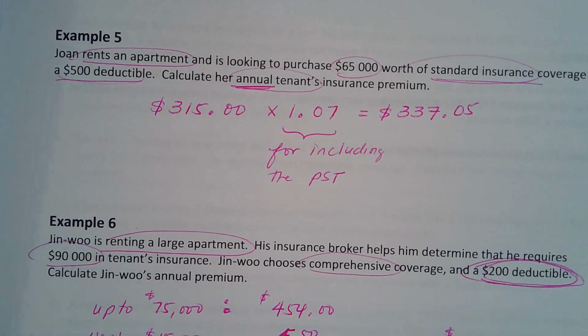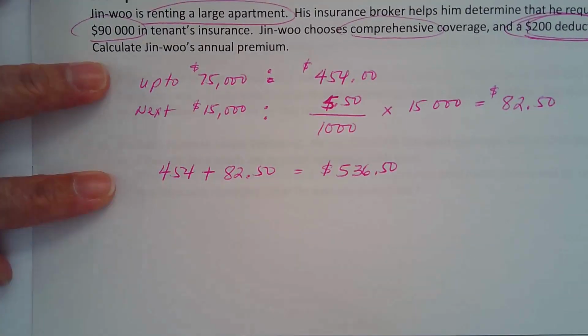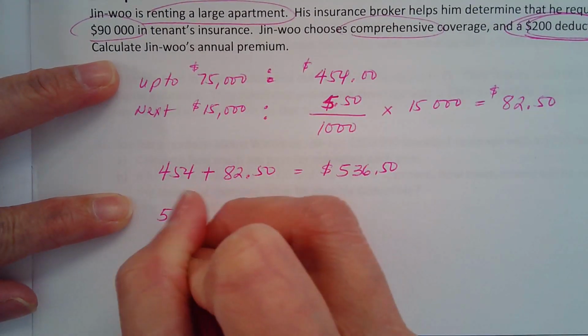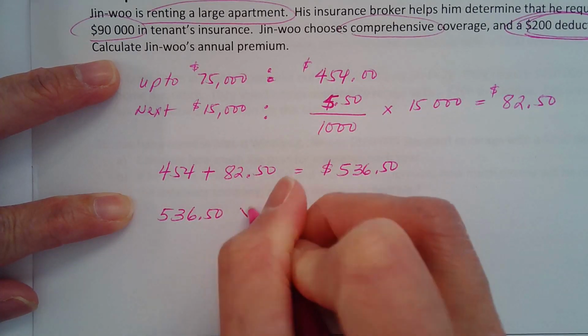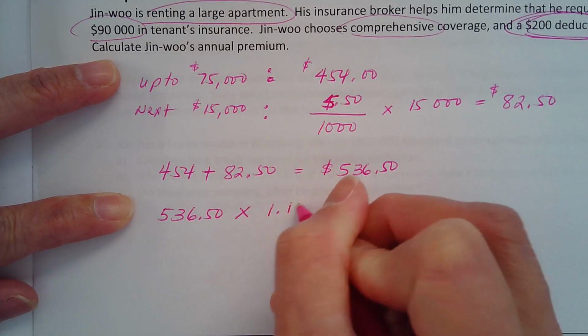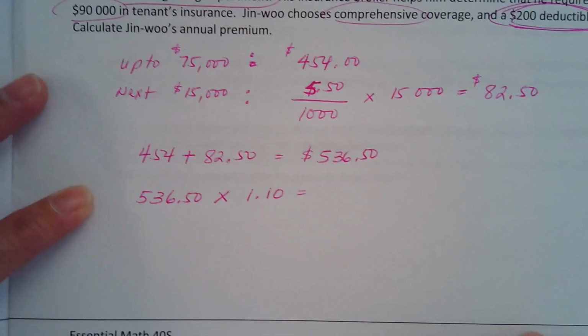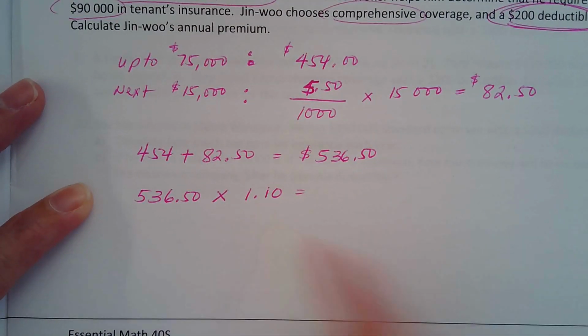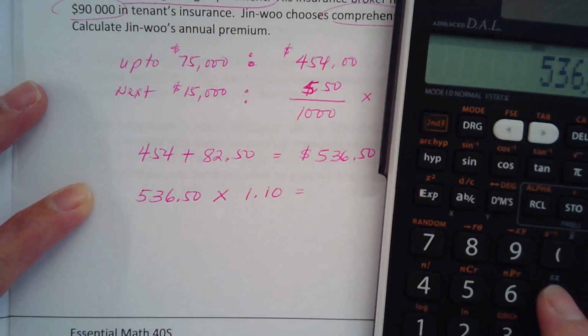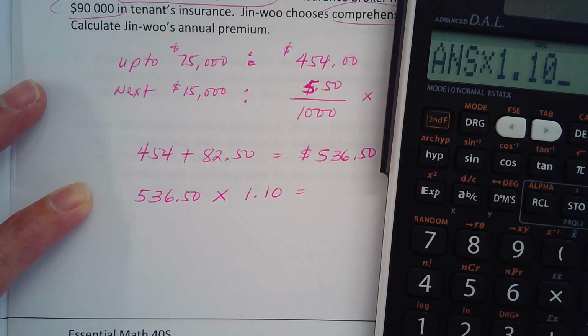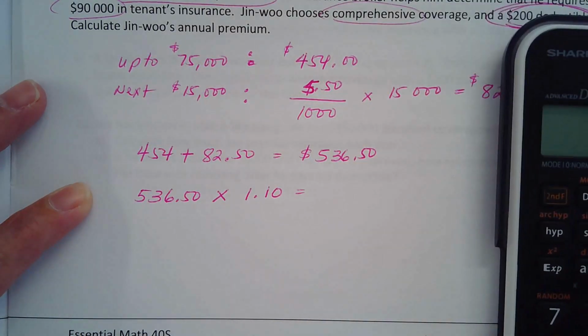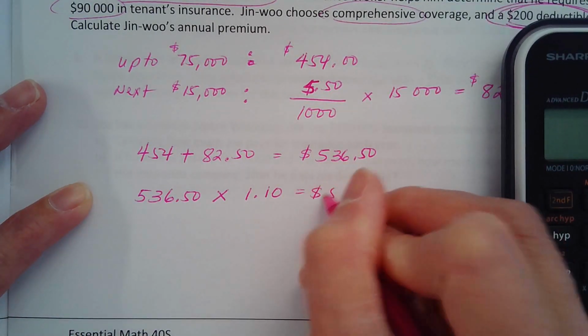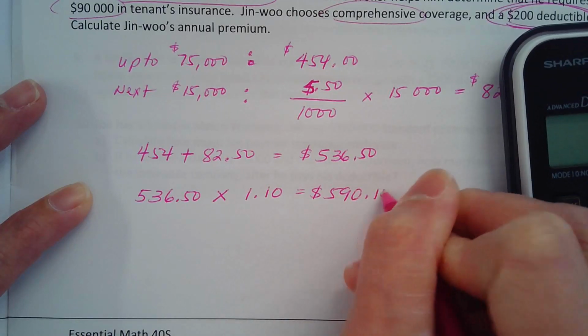So how do we do that? 536.50 times 1.10. Okay, that's the 10% more. $590.15.